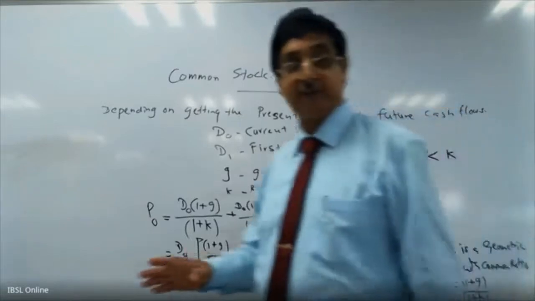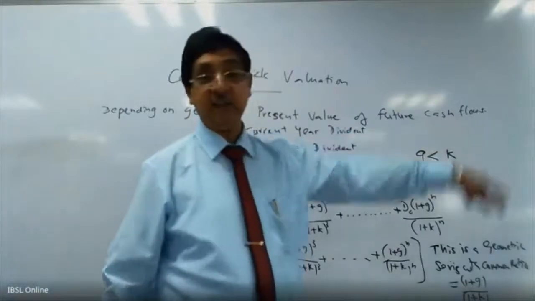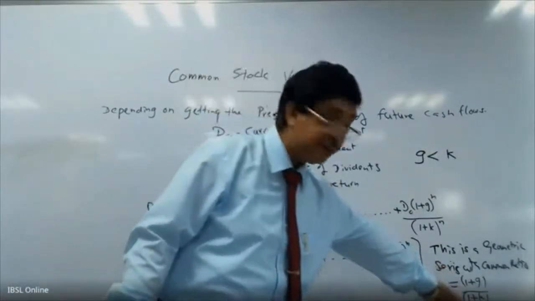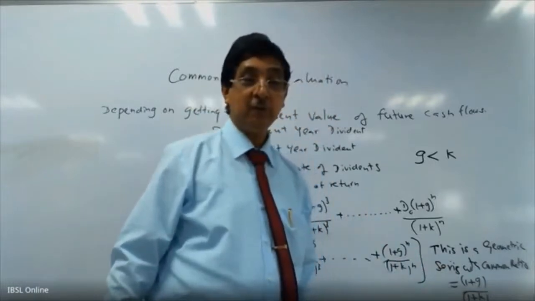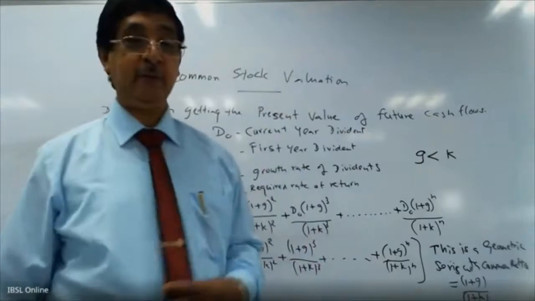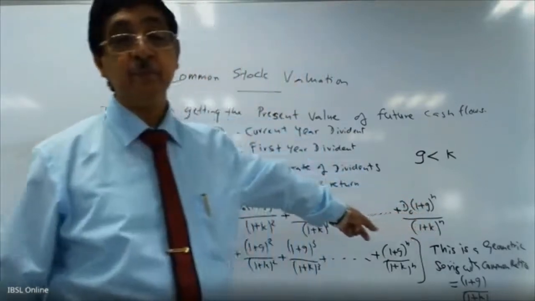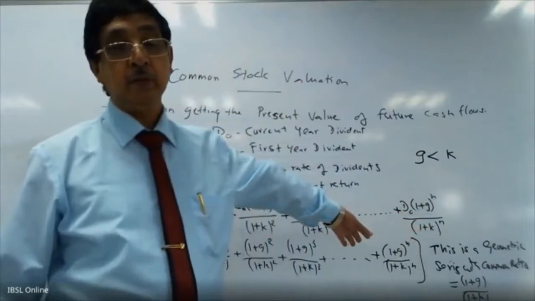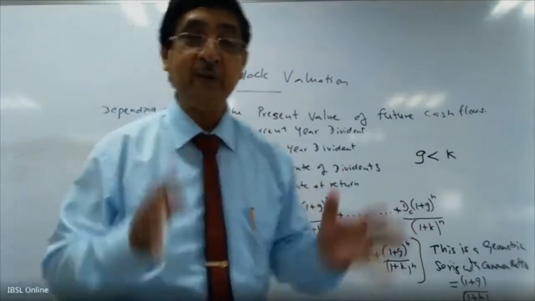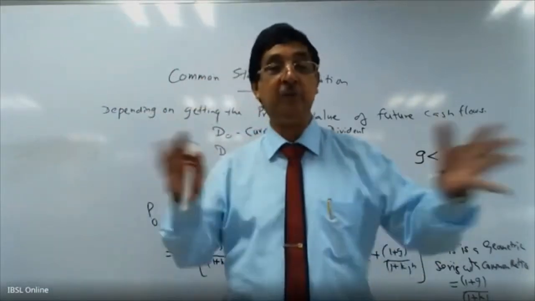Why do I say that? Because if g is greater than k, this particular ratio would become greater than 1. Since this is an infinite series, you will not be in a position to calculate the summation of that, because that will give you an infinite value.